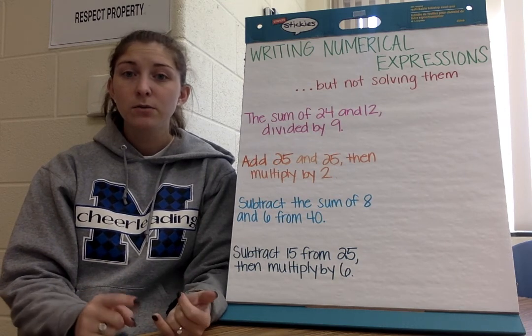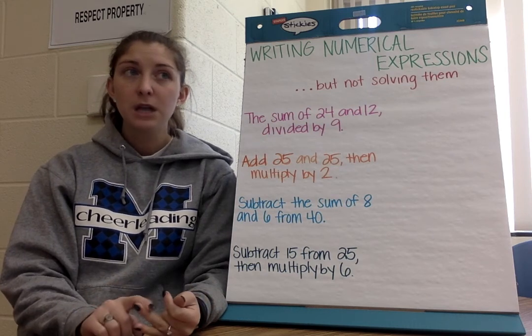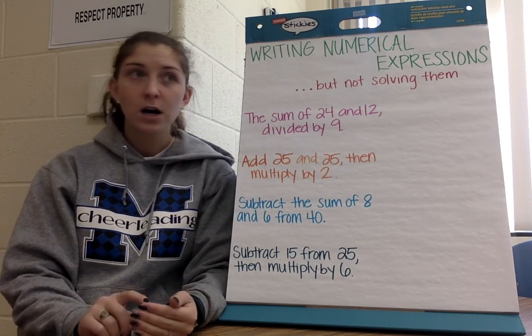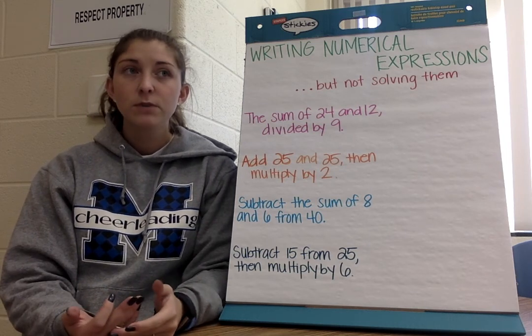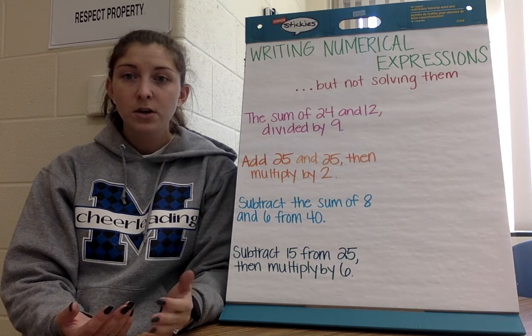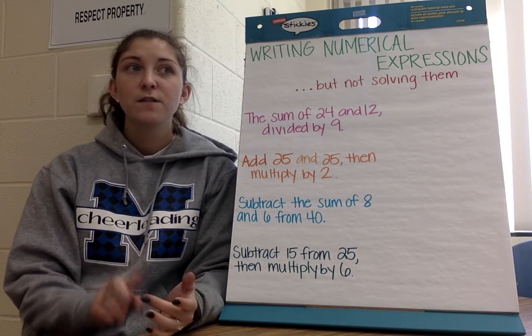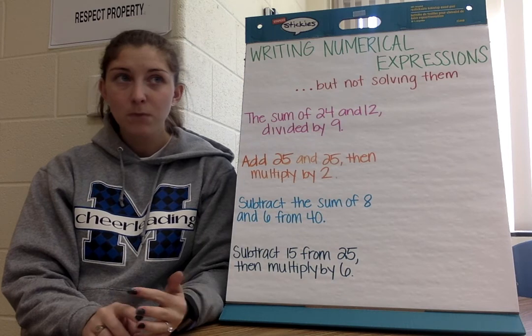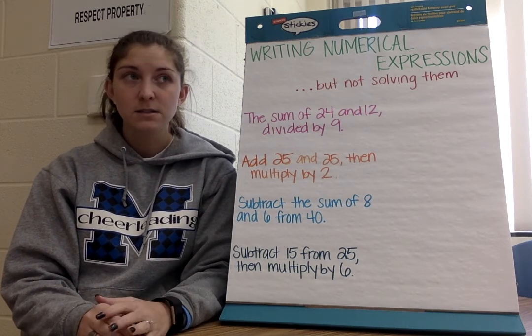So when we talk about the word add, we often talk about things like sum, plus, total, altogether, increase by, those types of things. When we talk about subtraction, we talk about words like difference, decreased, fewer than, how many more, minus, take away, those types of things.